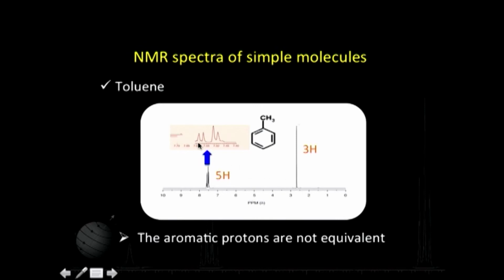There are a number of splittings coming over there, and this is because the protons which are ortho to this methyl group have a different electronic environment as compared to that of the meta and the para ones there. So, they come at different positions. What you find is the spectrum is not a one line spectrum, it is a little more involved one. We are not getting into the details of that here, but the message I want to convey is that these protons are not equivalent.